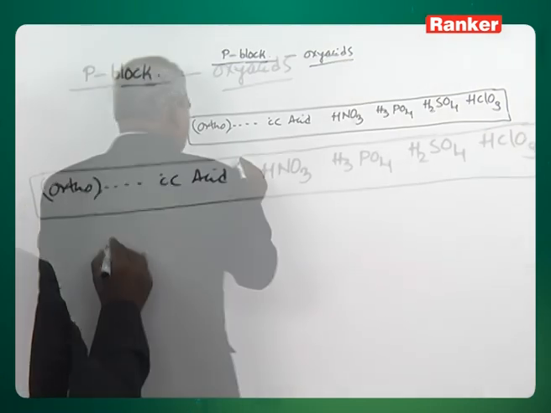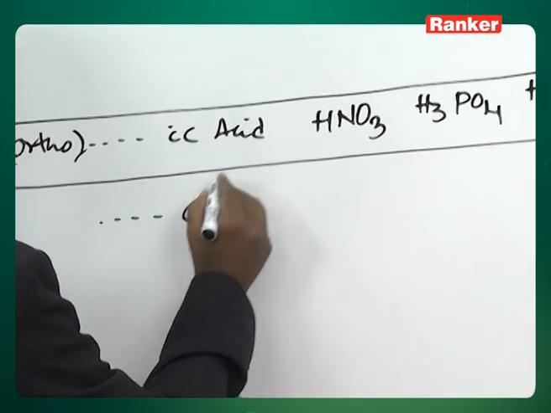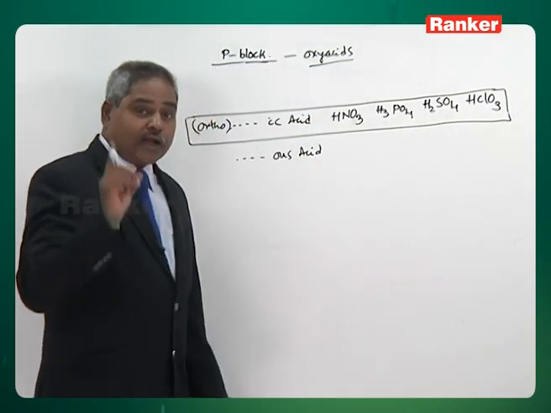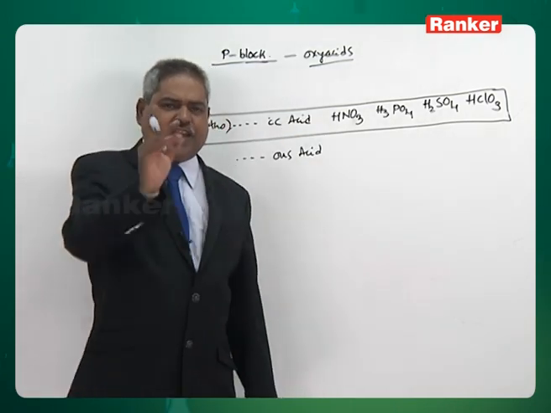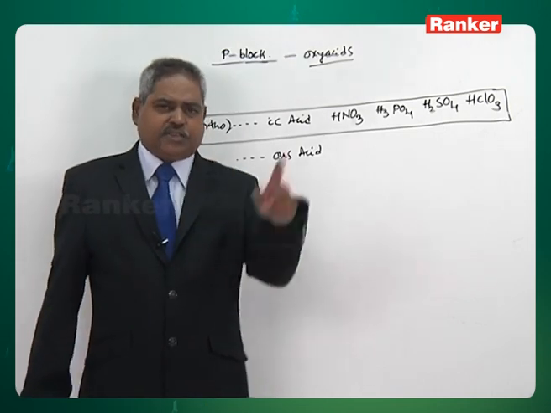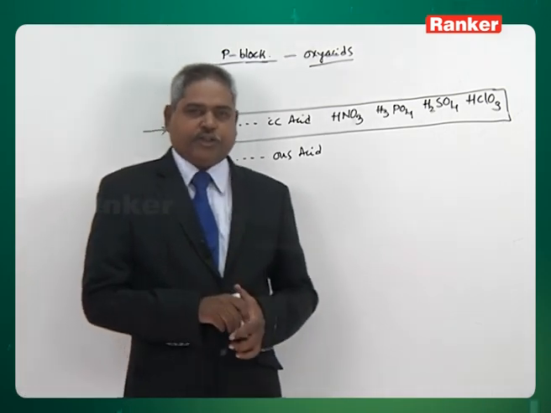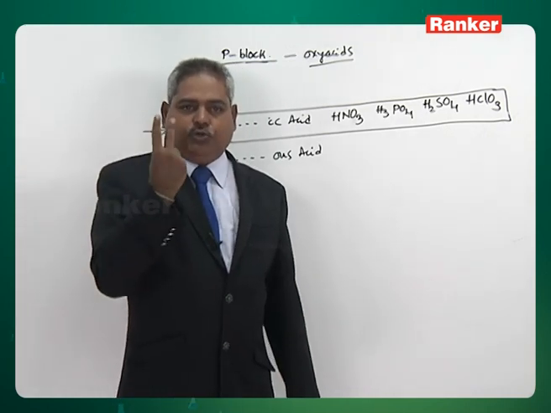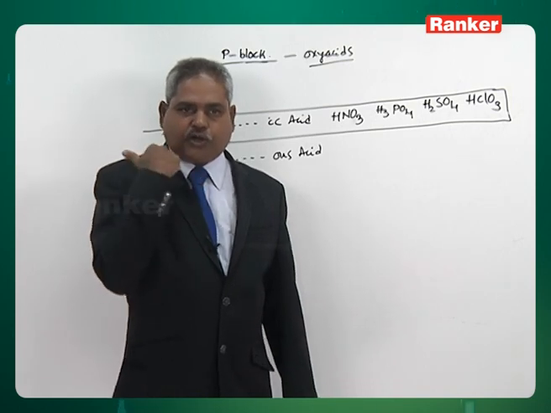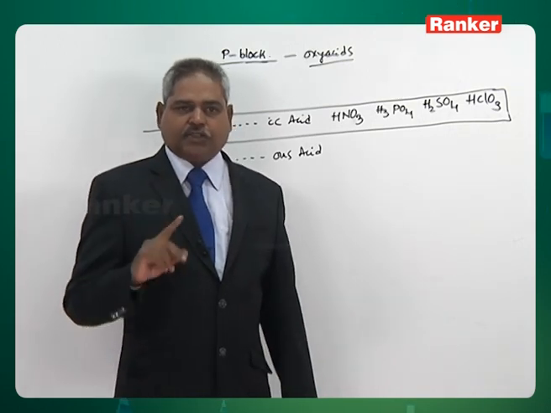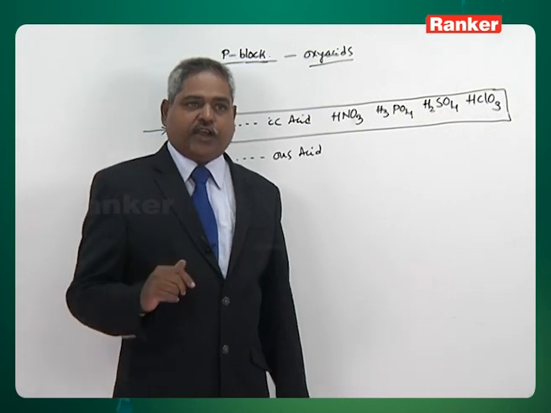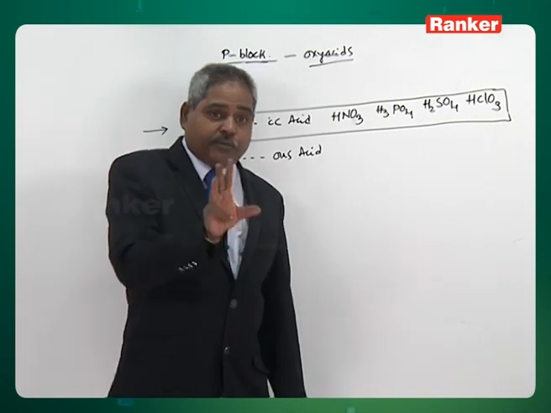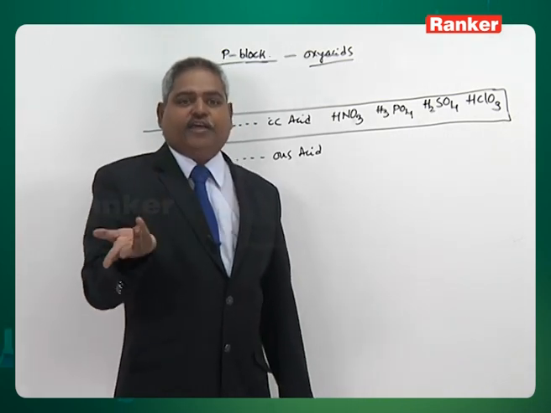And now, us acid. Us means one oxygen less. Us means less. Like the old notation: cupric, cuprous, copper 2 and copper 1, copper plus 2, copper plus 1; ferric is 3, ferrous is 2; mercuric, mercurous, stannous, stannic.